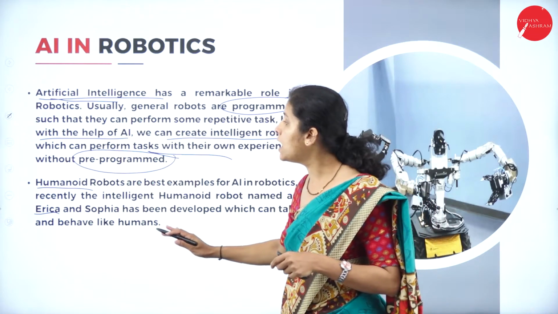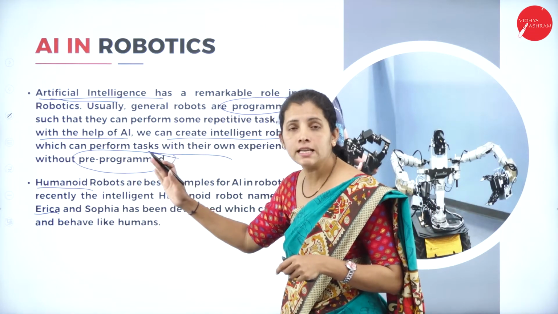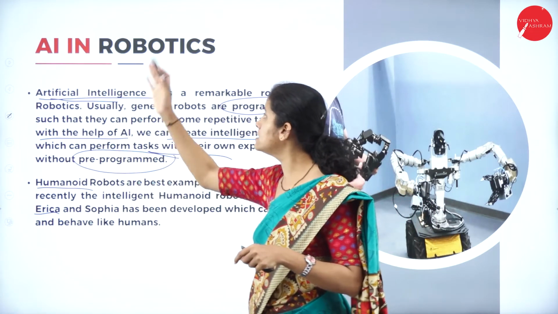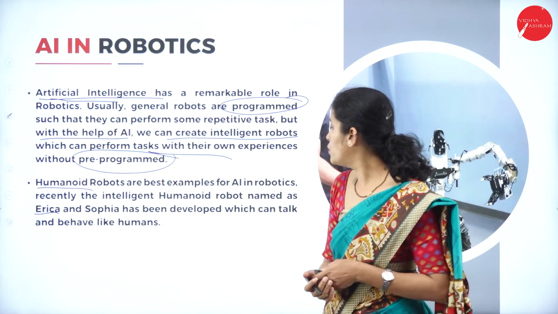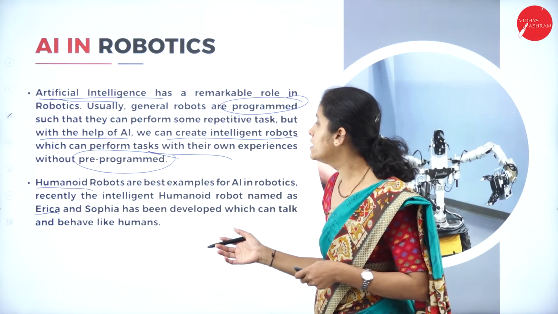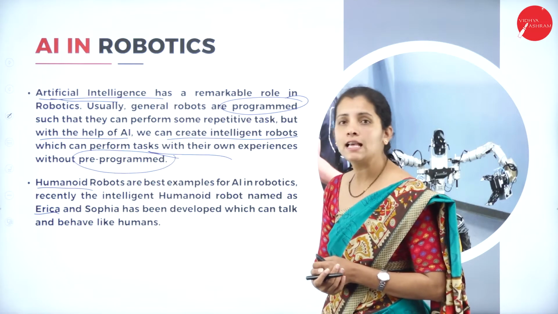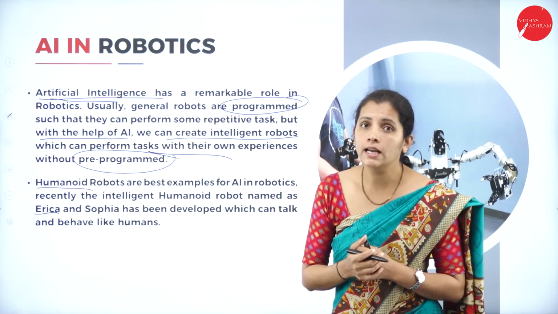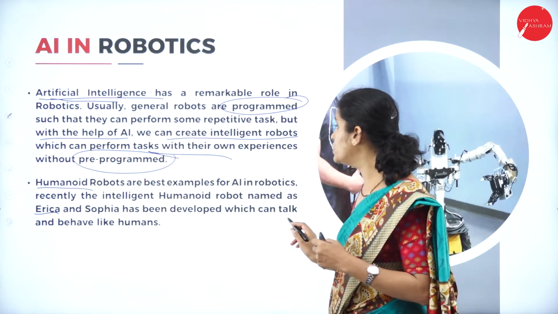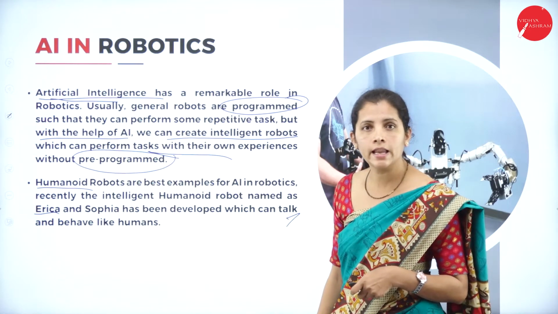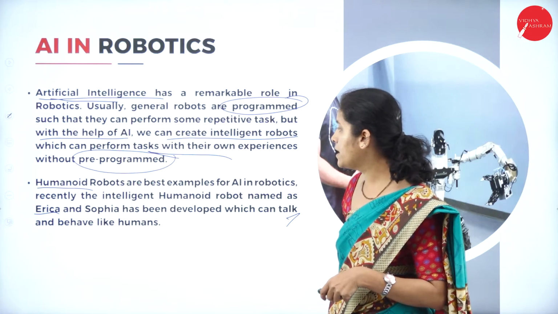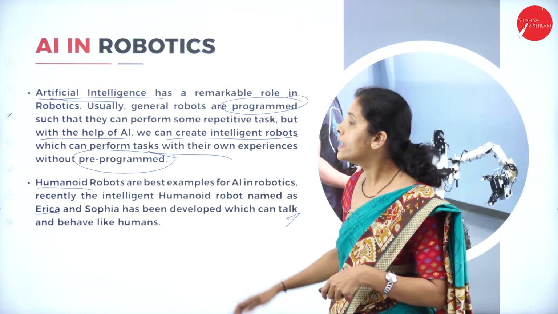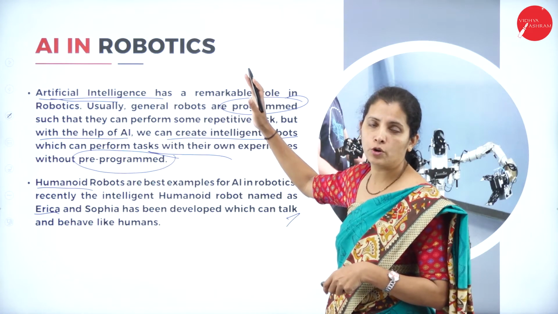So these two are the robots we have at present, and this is the best example for robotics. Okay, so here Erica as well as Sophia are developed like human beings. That means they are able to talk and they are able to behave, and these are examples of robotics.